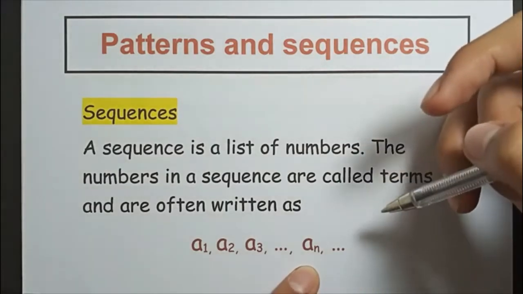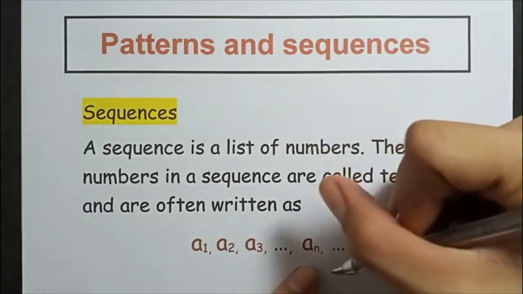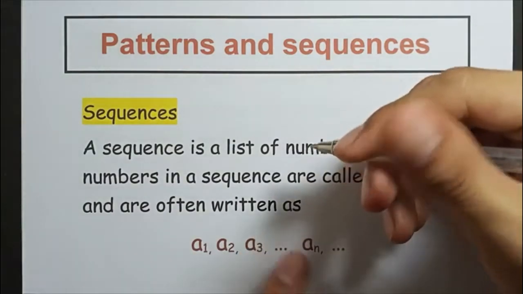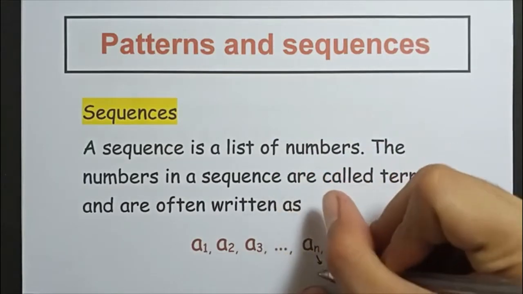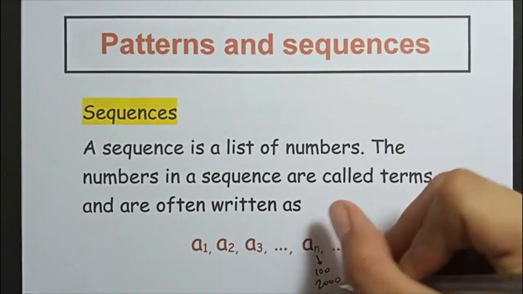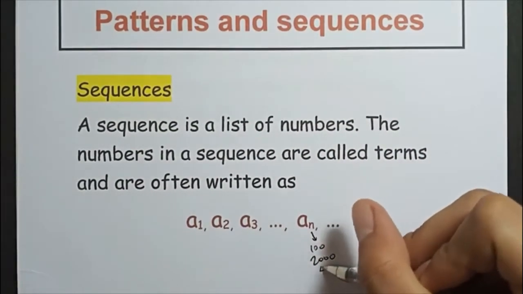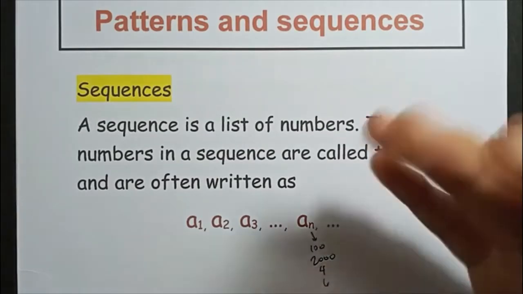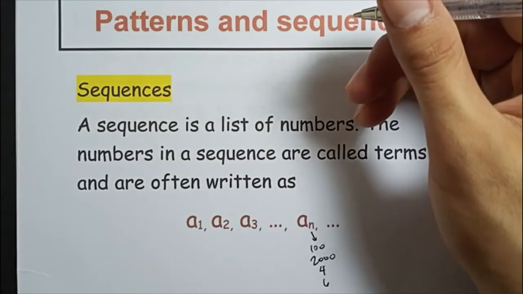It can be a term that, let's say, a sub 100. So pwede itong n na to maging 100, pwedeng maging 2,000, pwedeng maging 4, 6, kahit ano. It can be any place in our sequence.